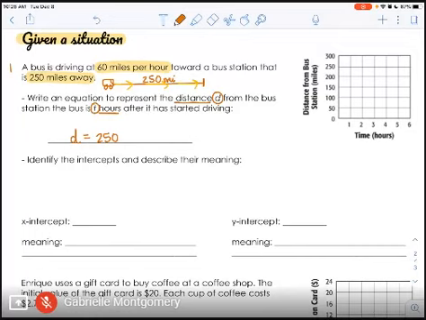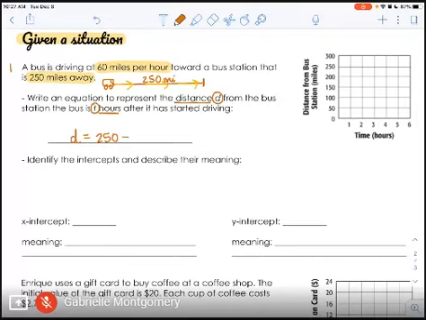But it wants me to write an equation that shows the distance as time is passing. So as time is passing, that distance is getting smaller and smaller. Mathematically, the way that I represent that something is getting smaller and smaller is by subtracting. So that distance of 250 is getting smaller.